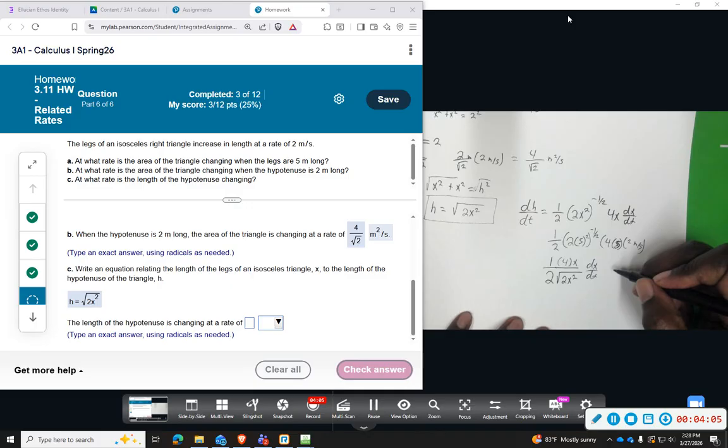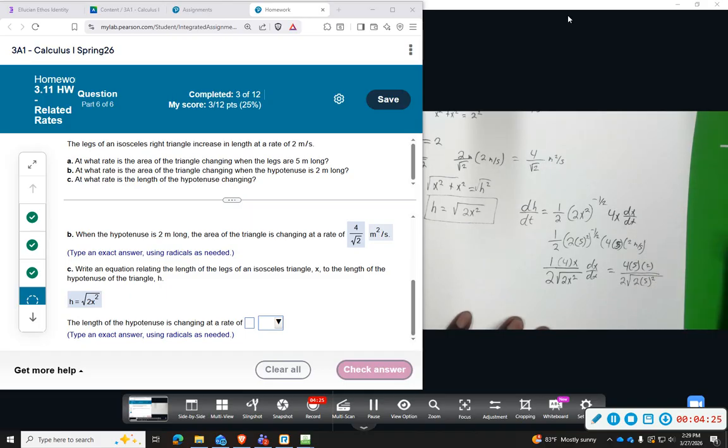4 times 5 times 2 is 20. Well, the 2, let me write it out. 4 times 5 dx/dt times 2 all over 2 square root of 2 times 5 squared. 2 on the outside, divided by 2 will cancel out. 4 times 5 gives me 20. 20 over, we can pretty much do the square root of 5 and pull out a 5.